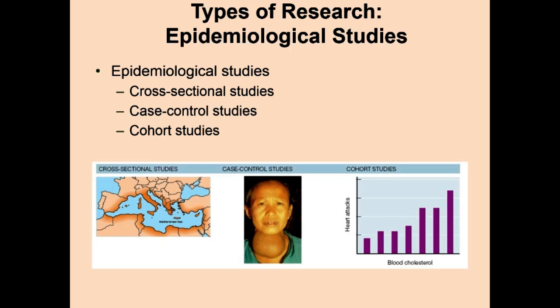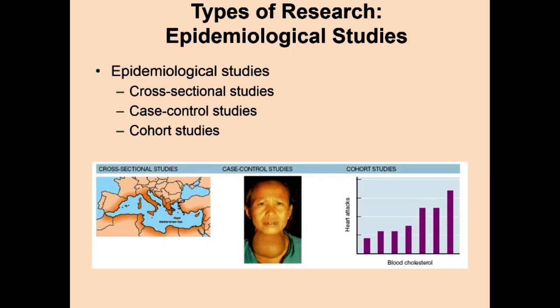So here we're looking more for correlations. We saw this and we saw this. In this group we saw this, but we didn't see that. So there really is no cause and effect, and we'll talk about cause and effect here in a bit. So what are some of the types of this research?